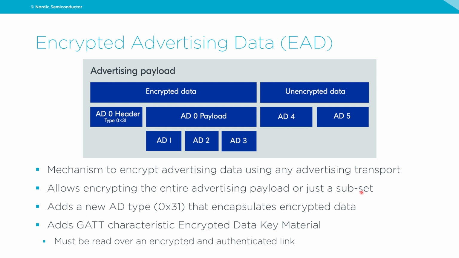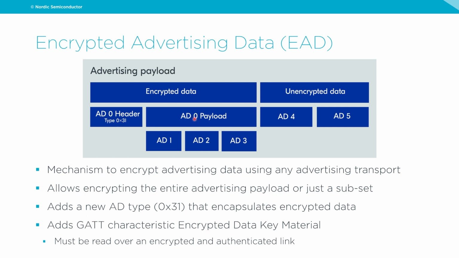This brings a new AD type, 0x31 in hex, that encapsulates the encrypted data. If you look at the diagram up here, it has an example of an advertising payload that contains both encrypted and unencrypted data. On the encrypted data, you will have the new AD type that encapsulates the encrypted data.